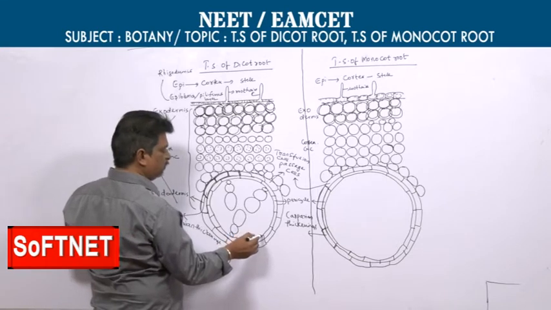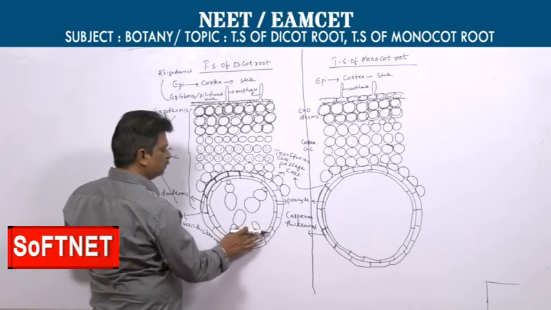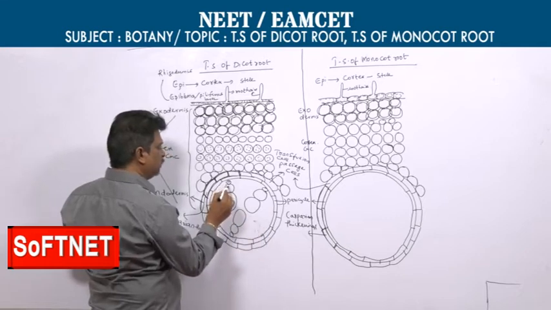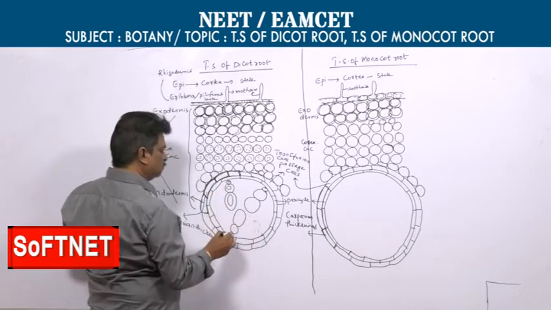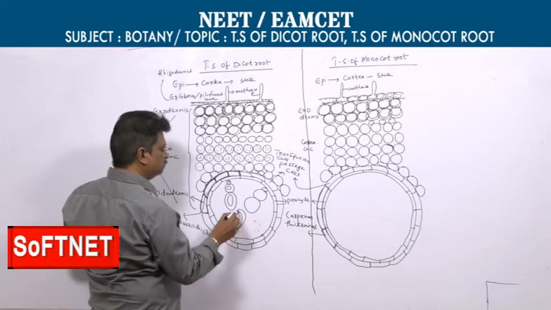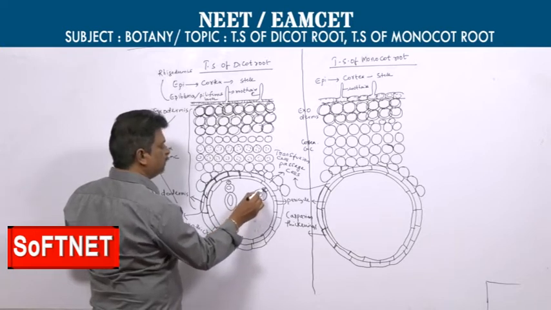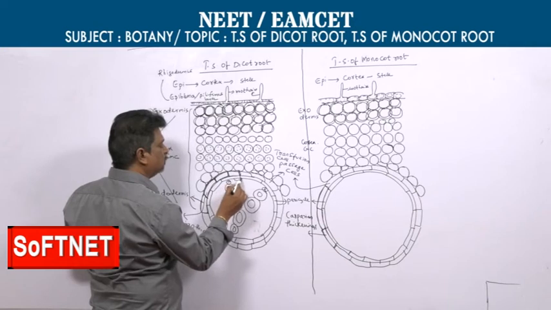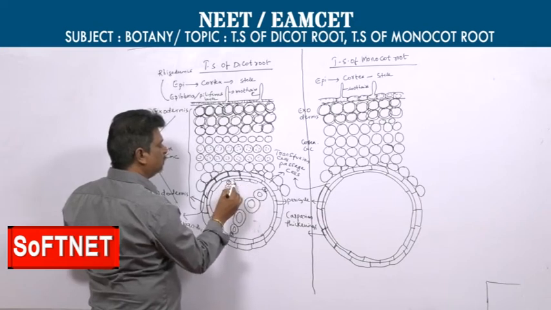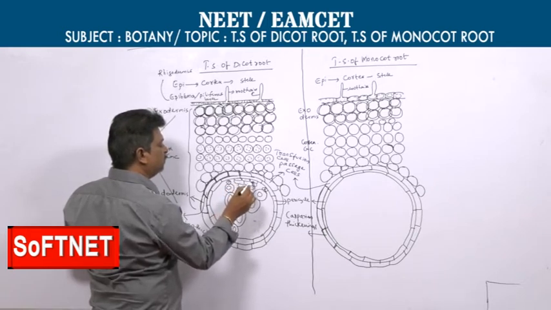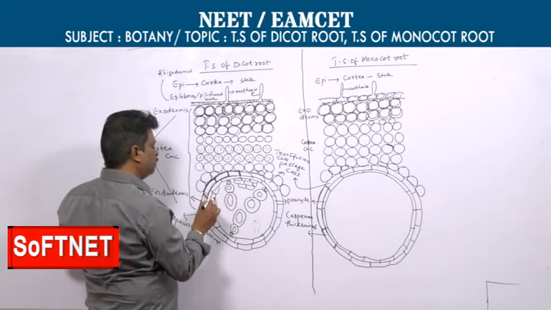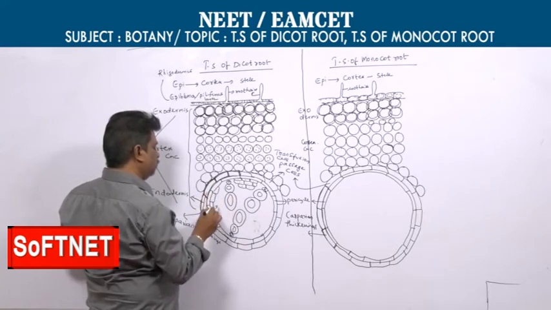This xylem and phloem are separate and alternate, present on different radii, called radial vascular bundles.